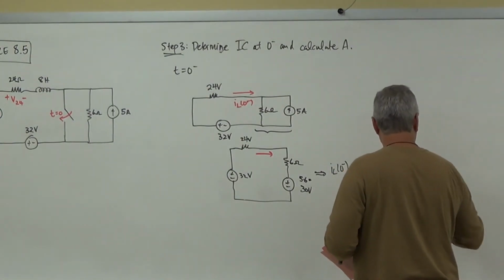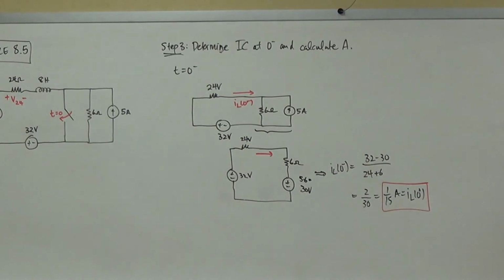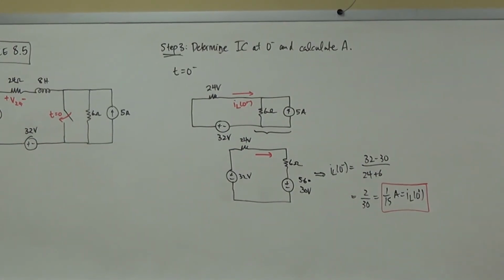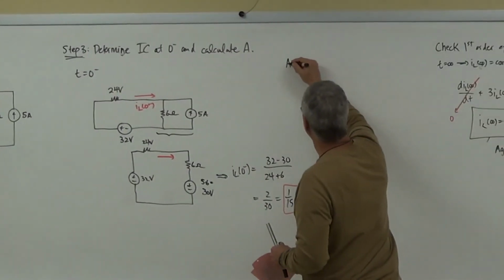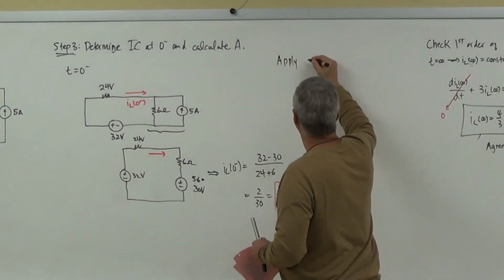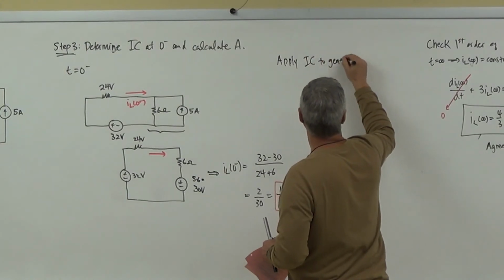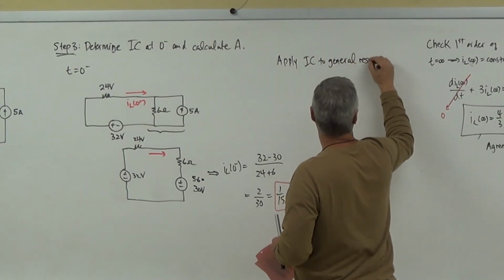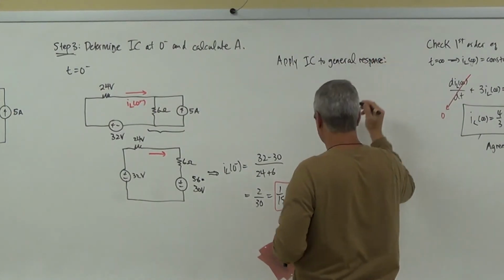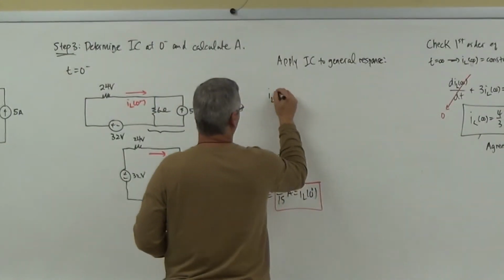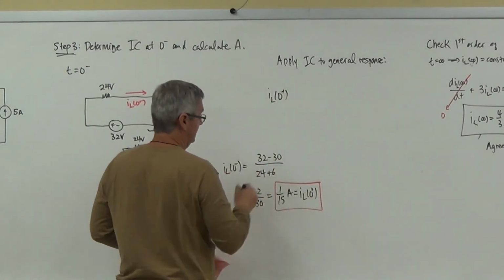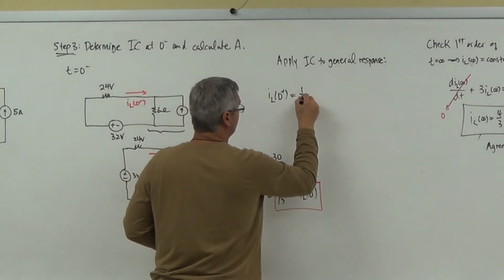So now I have my initial condition. Now I apply it to our solution right over here. So now we want to apply the initial condition to the general response. IL of 0 plus gives me 1/15.